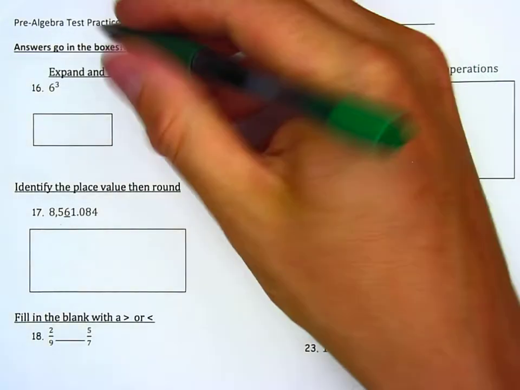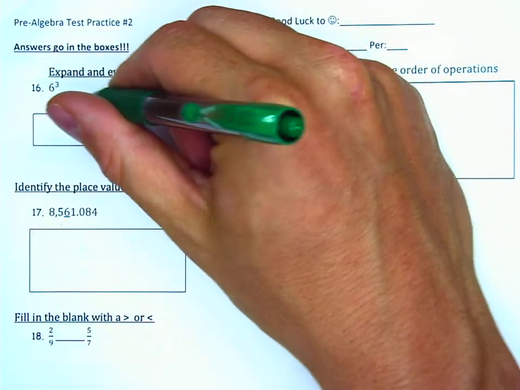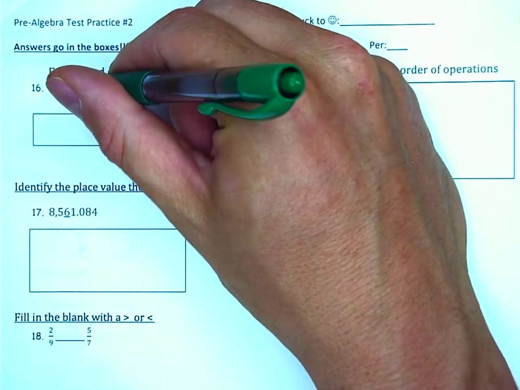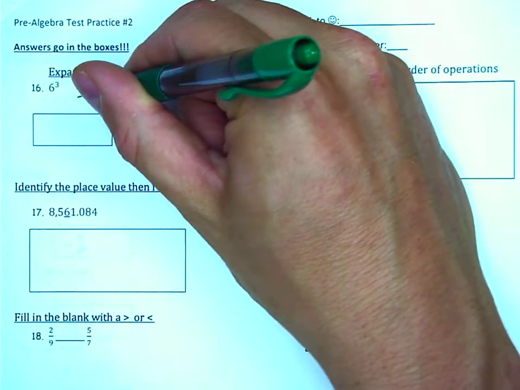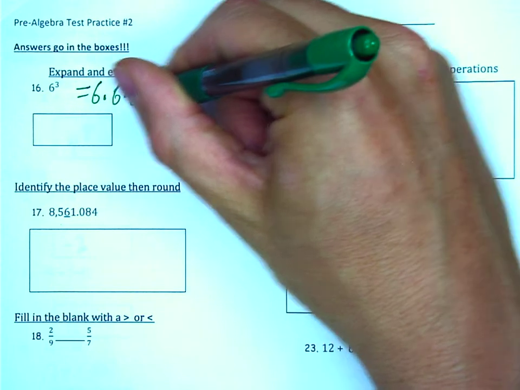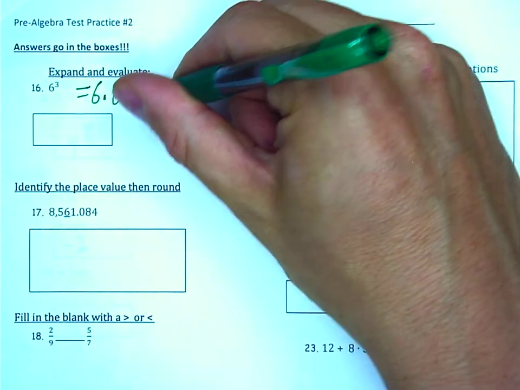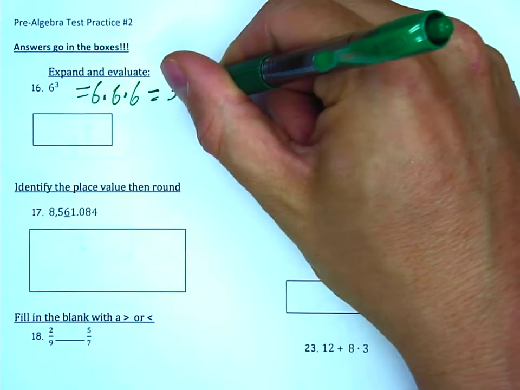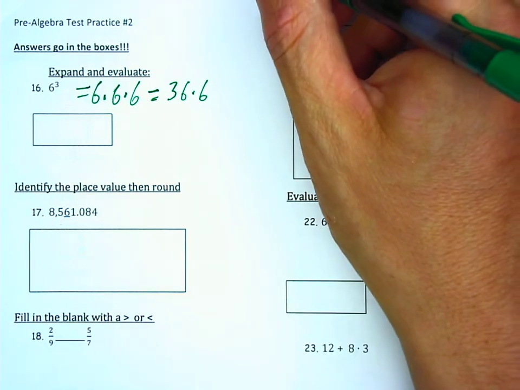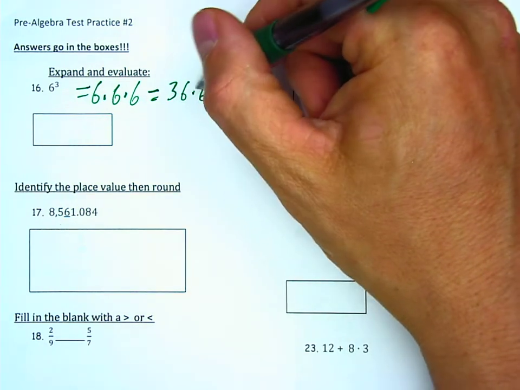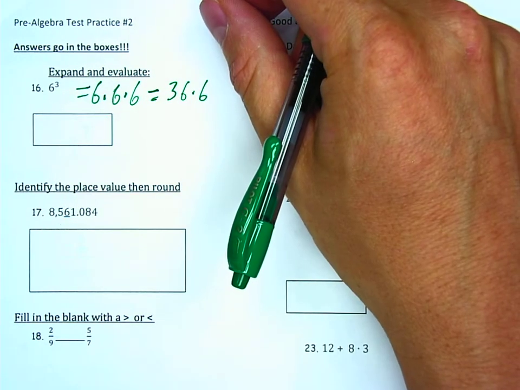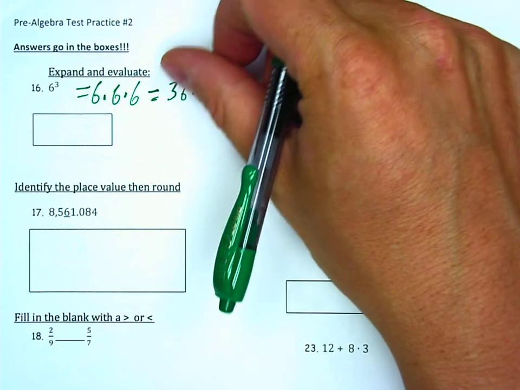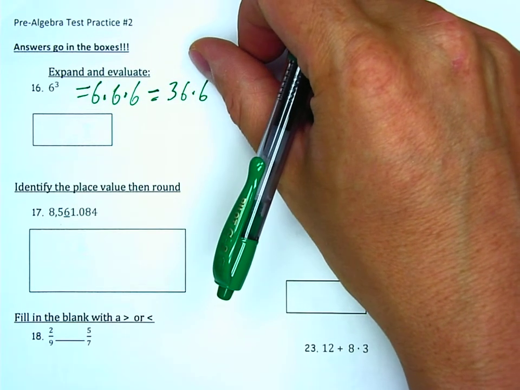And here's page 2. Expand and evaluate 6 to the third. So 6 to the third is 6 times 6, which is 36, times another 6. So 36 by 6, we could do here, as we talked about before, 30 by 6 plus 6 by 6.